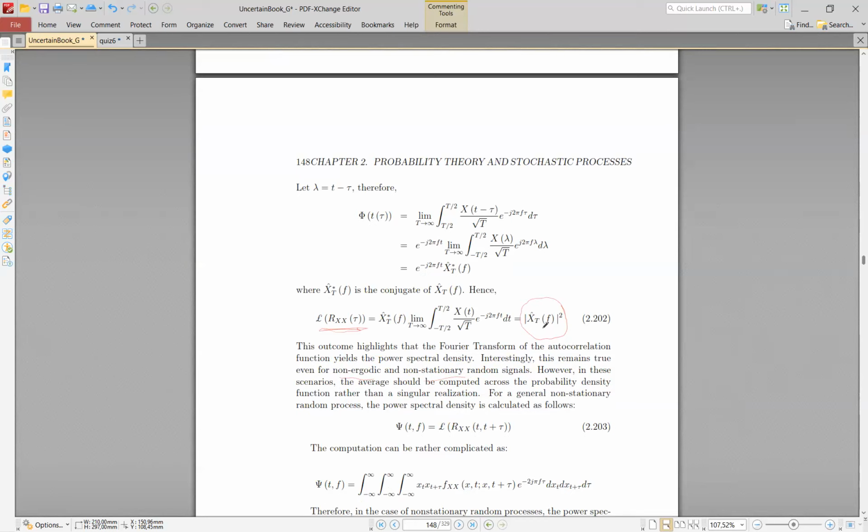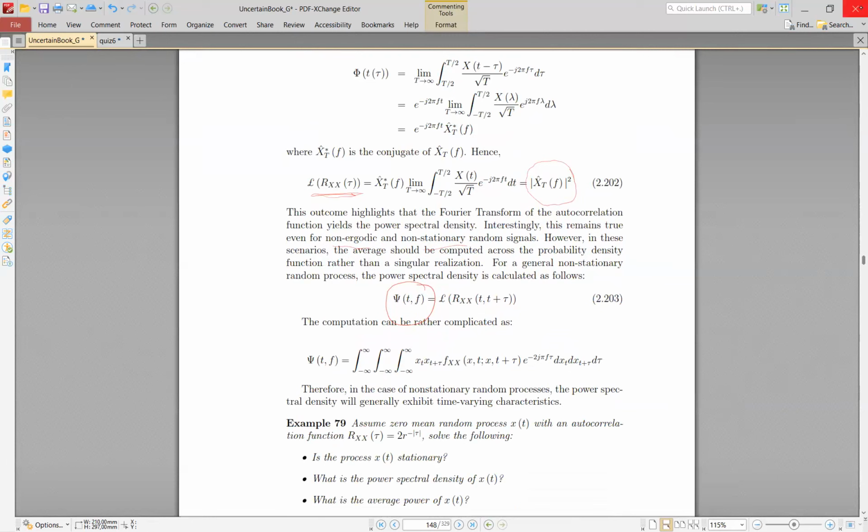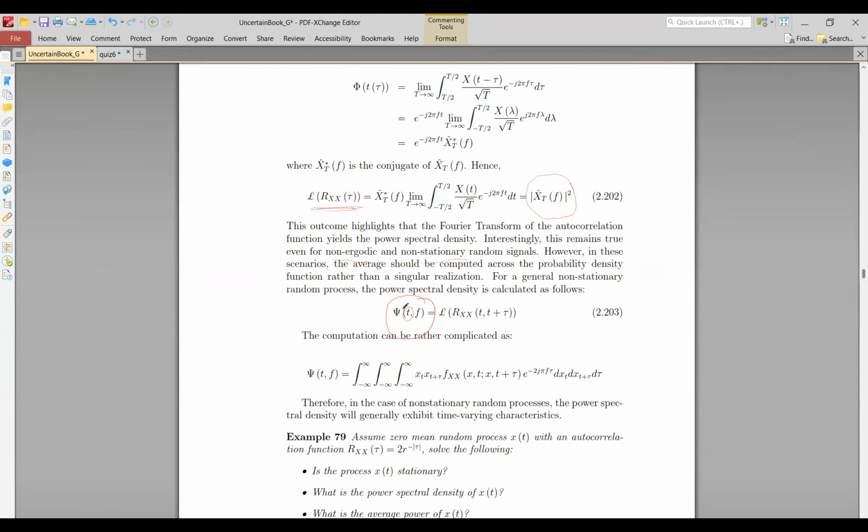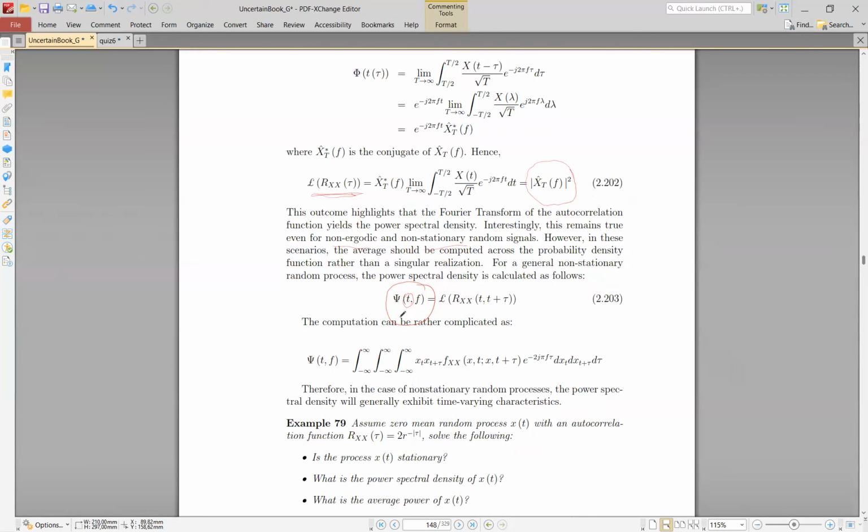The only difference is that here we have the power spectral density, this one. But if the signal is non-ergodic or non-stationary, you will need to add the time information here, at the time where you take it. It is still the same. You take the Fourier transform of the autocorrelation function, but if the signal is stationary, we say Rxx of tau, because it will not make any difference if you know at what time you are now. If it is non-stationary, then we need to take it as Rxx of t and tau.